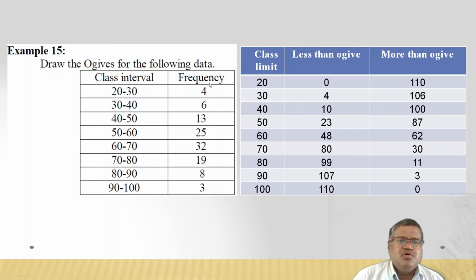We are cumulatively adding the frequencies. Total frequency is 110 here. Starting from 110, 110 minus 4 is 106, minus 6 is 100, like that. This is used for more than ogive. This is used for less than ogive.